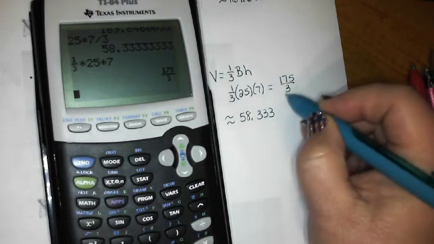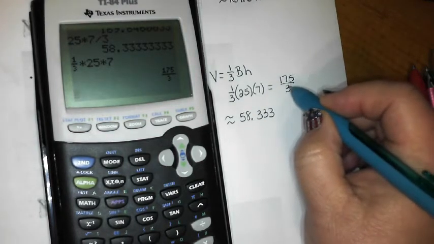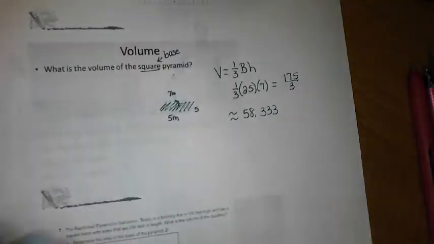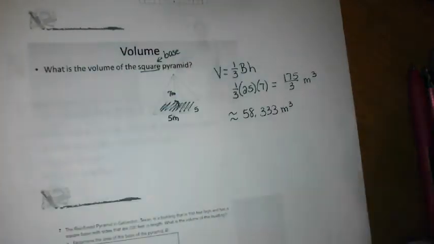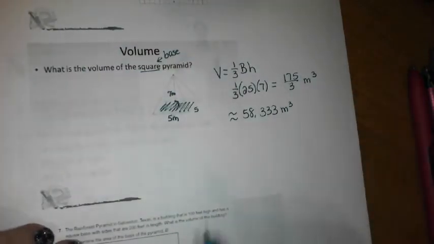So these two are equivalent. This is just the exact answer, and this one is rounded to the nearest thousandth. So again, it depends on what the directions ask you to do.